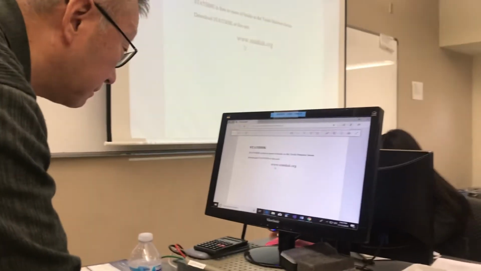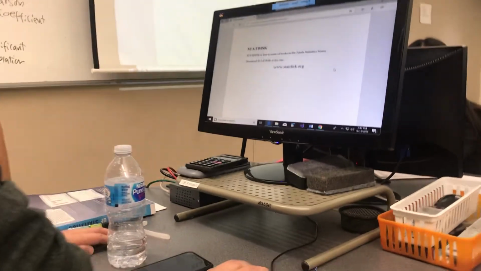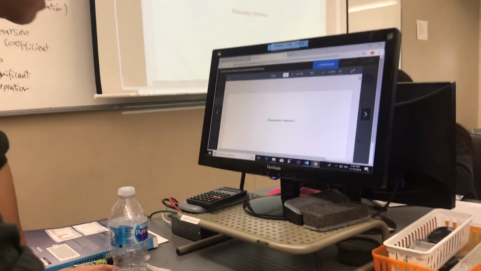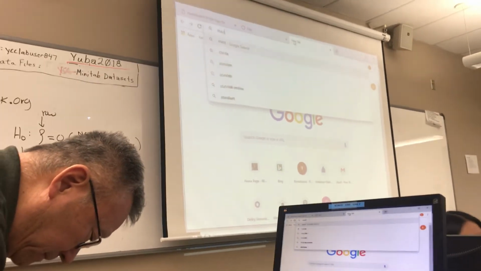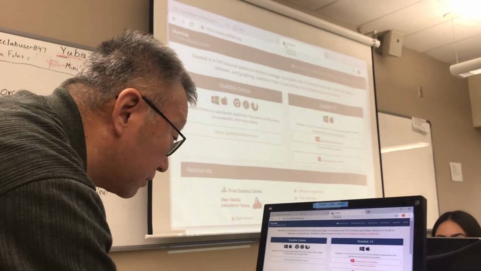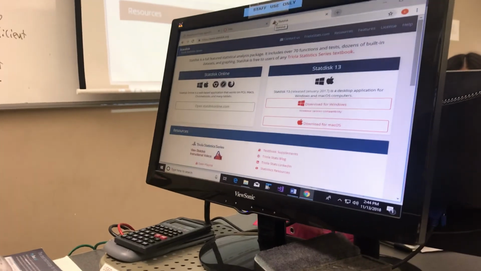Why is it a PDF file? Oh, they're telling me to go here. Okay, I'll do that. So let's just go to statdisk.org. I went to open stat. Go ahead, turn it off.